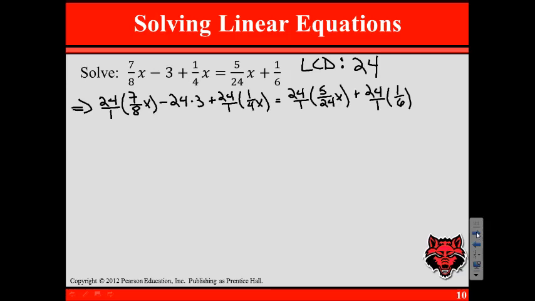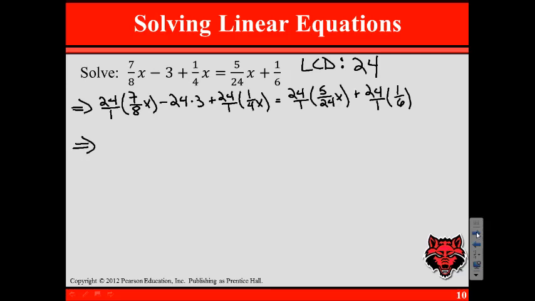Now, in order to save space, I'm not going to show every step in this process, but remember, you multiply your numerators, multiply your denominators, and because we multiply by the least common denominator, they should divide evenly, and you have nothing but whole numbers or integers as coefficients.